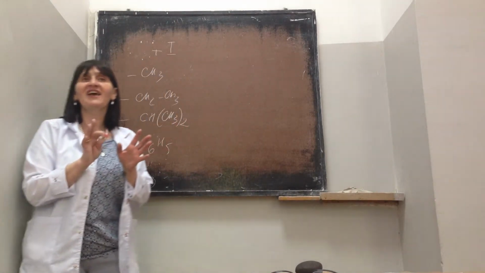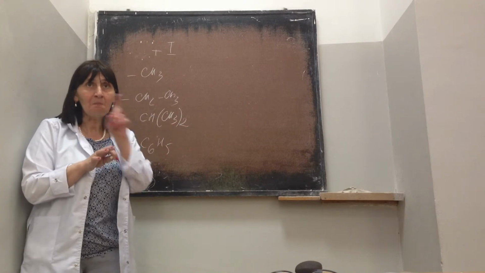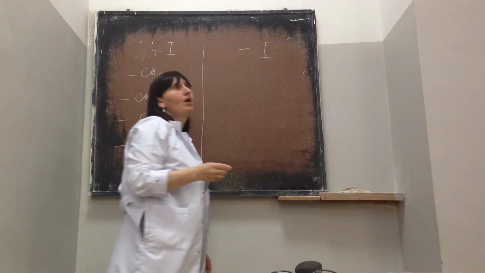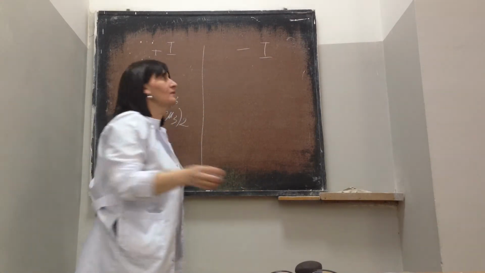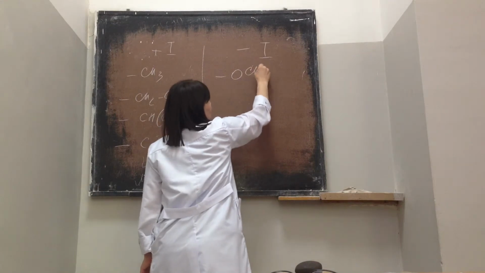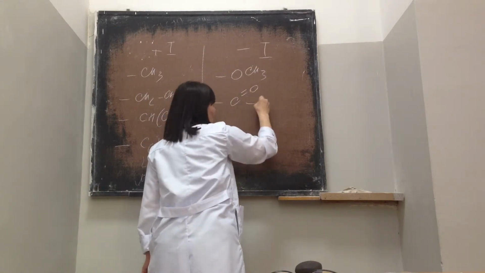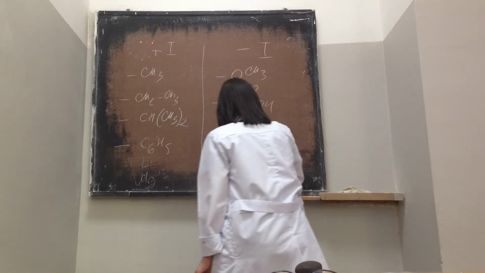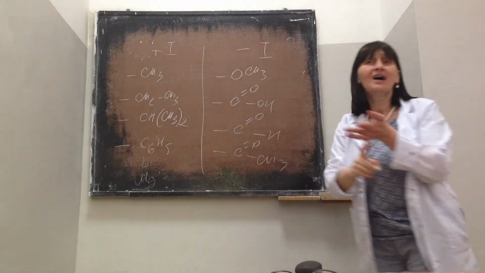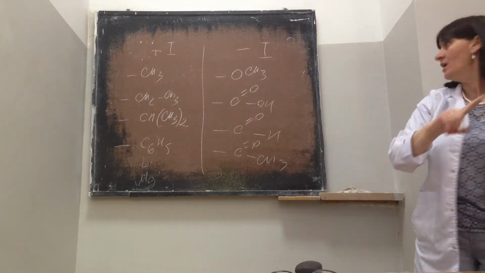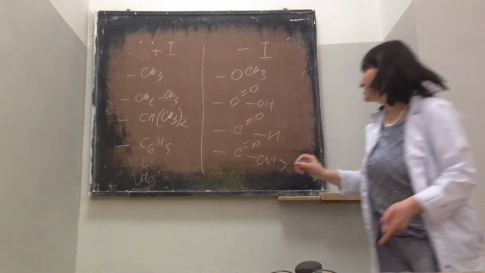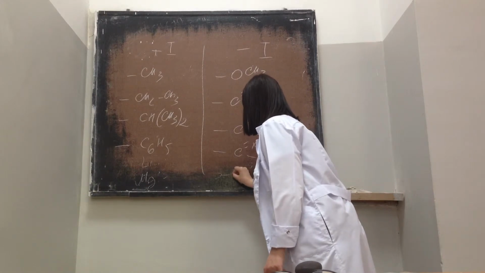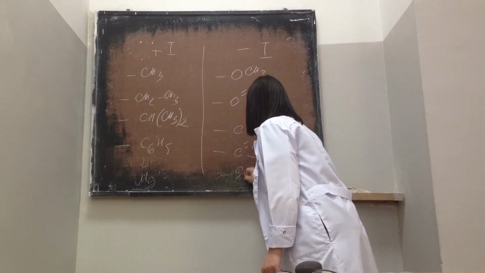Now, which groups have a minus inductive effect? Look, all other groups have a minus inductive effect. For example, COOH, COH, so any aldehyde group, carboxyl group, nitro group, sulfonyl group, SO3H.